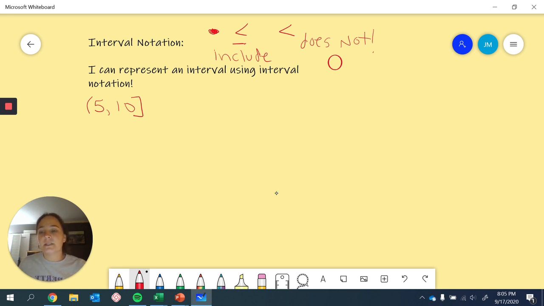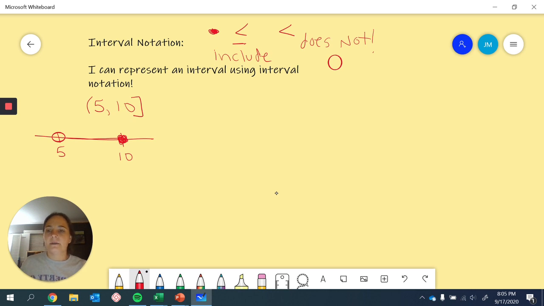This interval is saying all the numbers between 5 and 10. So if I'm on a number line, I'm going to put 5 here and 10. But the parenthesis means you do not include 5, so I'm going to put an open circle. And the 10 with the bracket means I do include it, so there's my closed circle.